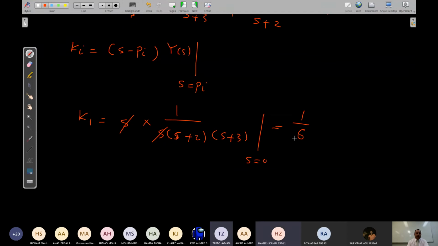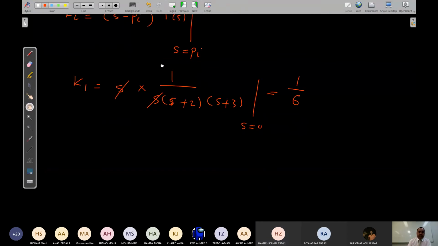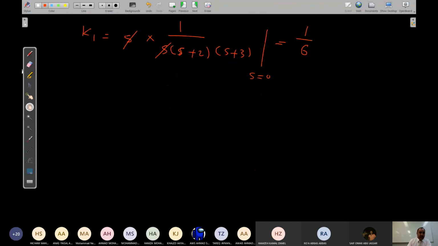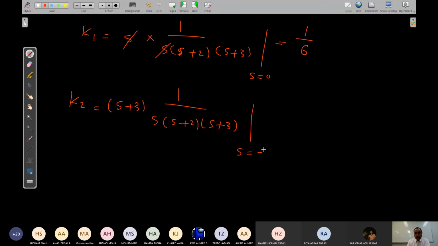Okay, who can help me with K2? K2 was connected with s plus 3. So K2 equals s plus 3 multiplied by Y of s, 1 over s plus 2 times s plus 3, and I will evaluate at s equal minus 3.